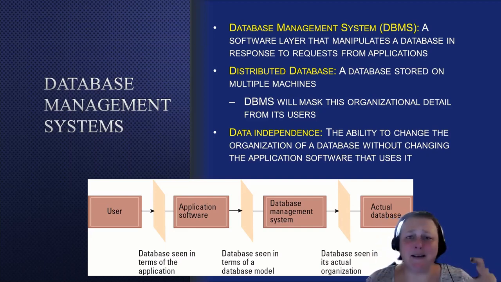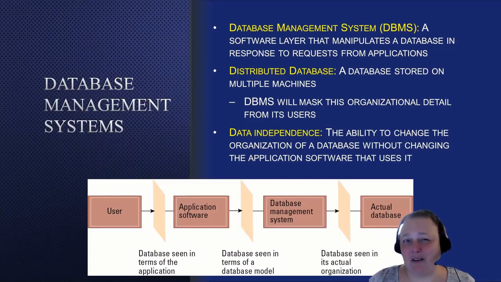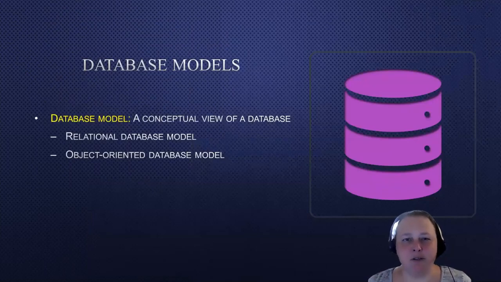Sometimes these are integrated, sometimes they're not. The DBMS is your mediator between your actual database and what the user sees. In the worst case scenario, it would be broken up into 4 different parts. Best case, there's typically 3, with the application software and DBMS being one and the same when it comes to the actual software.